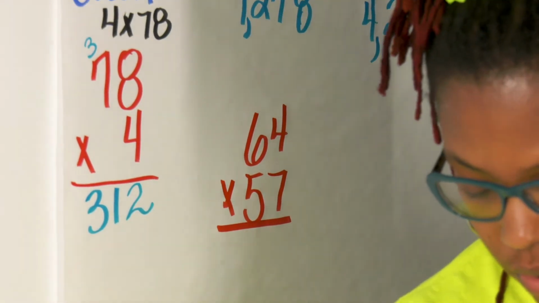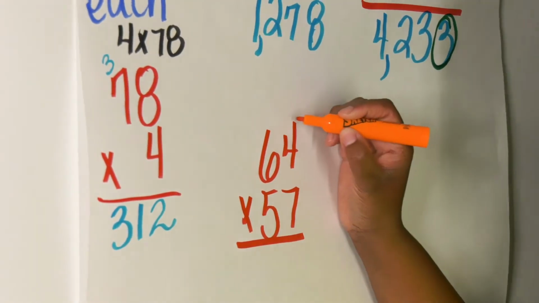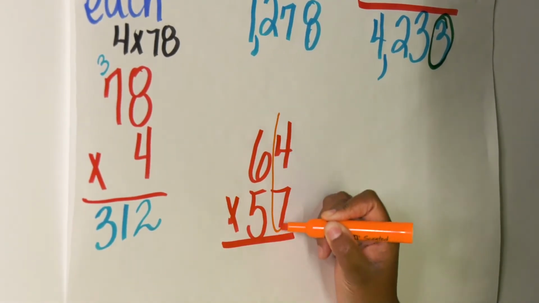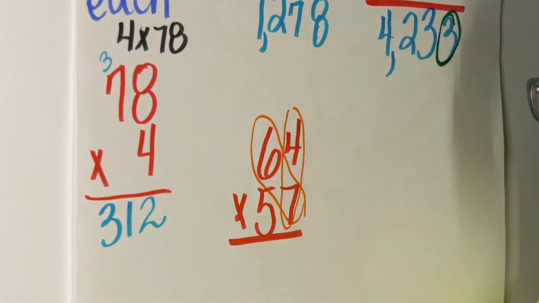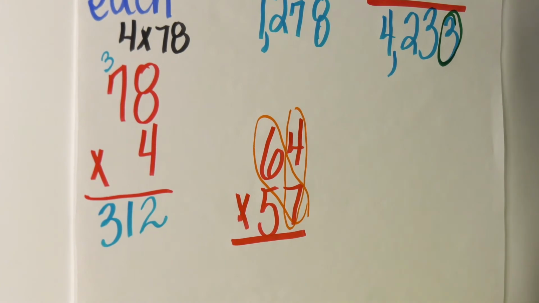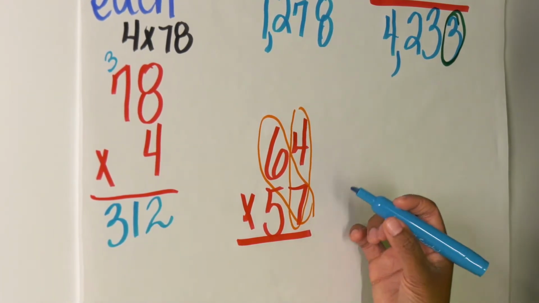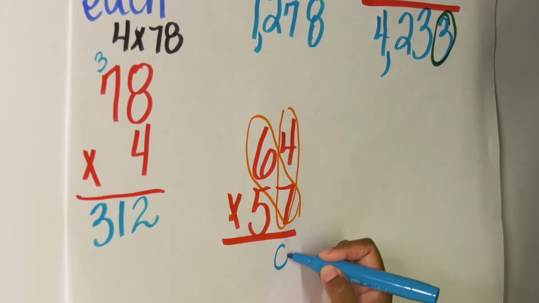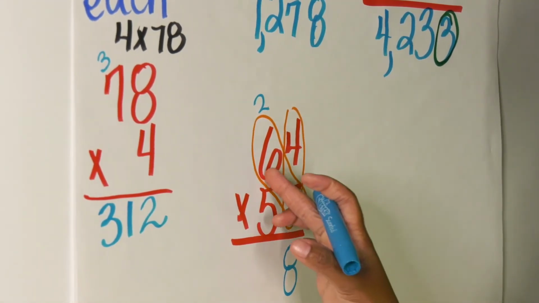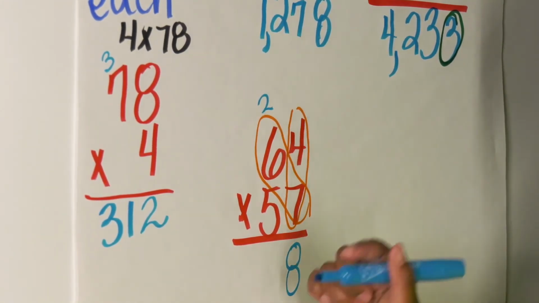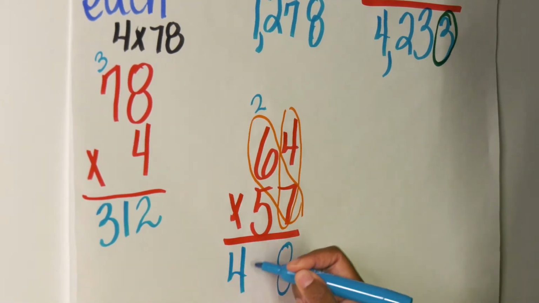So follow closely with this process. You want to take 7 and multiply everything at the top by 7 in that order. 7 times 4 is 28. So put our 8, carry our 2. 7 times 6 is 42, plus 2, 44.